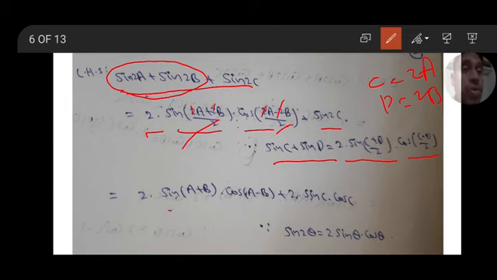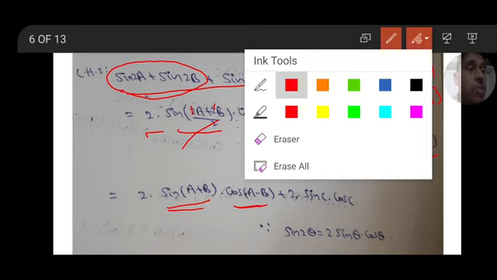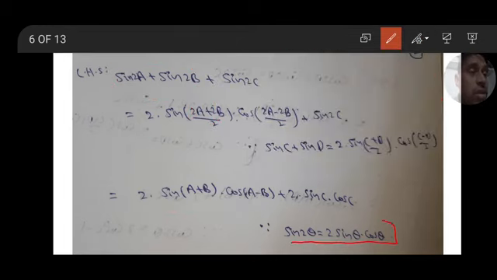Here also 2 cancelled out. That is 2 into sine of a plus b into cos of a minus b. 2 common means a plus b by 2 is there, 2 cancels, we get a plus b, similarly a minus b. So 2 into sine of a plus b into cos of a minus b and sine 2c. Sine 2c is the sine 2 theta form. Sine 2 theta equal to 2 into sine theta cos theta.